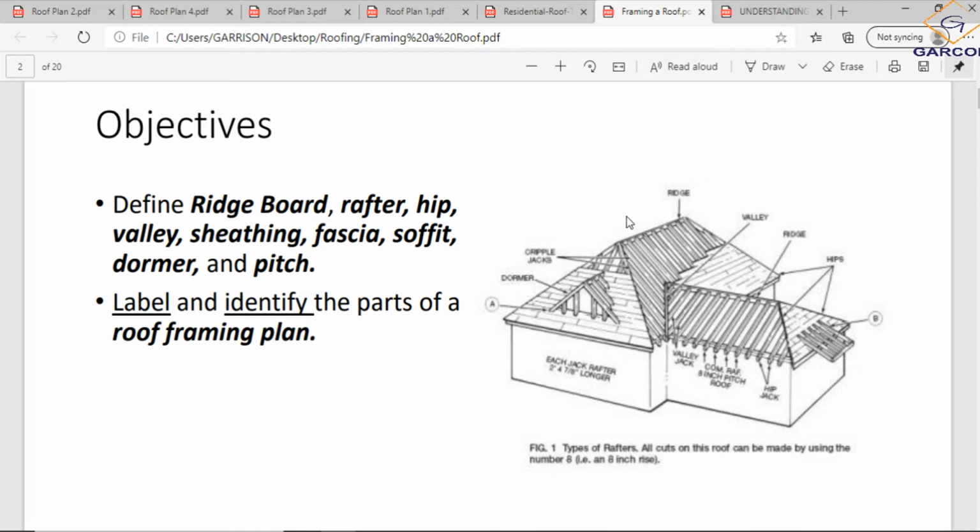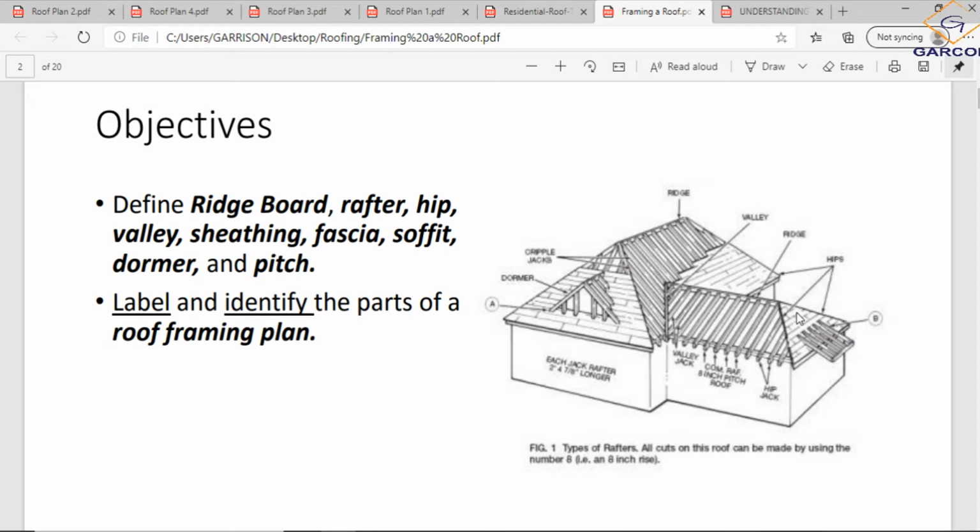Now, it says, define ridge board, rafter, hip, valley, sheeting, fascia, soffit, dormer, and pitch. Label and identify the parts of the roof. Now, on this here, based on what we went through a while ago, you can tell that this is basically a shed that comes out of a hip end.